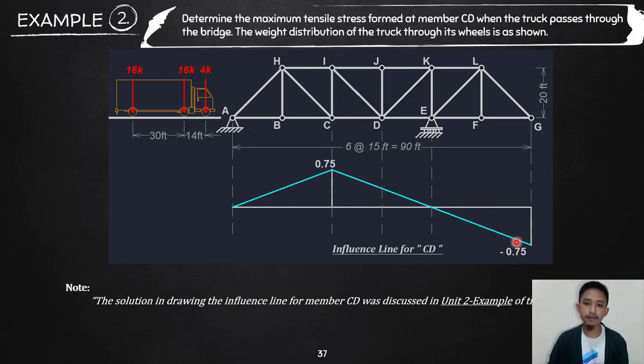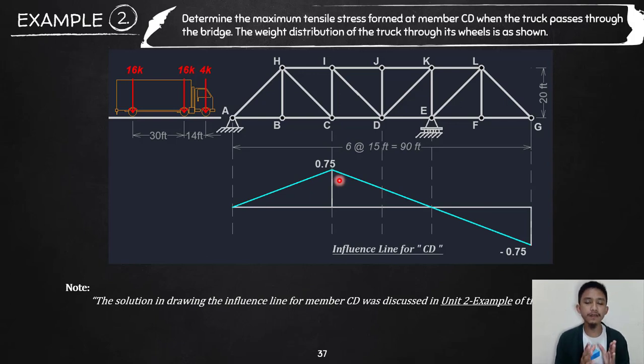Since we are given this, we can now say that when the loading is within your joints A to E, the effect of that load to your CD will be positive. Again, as I discussed on the trusses, my assumption for the sake of the discussion is always initially tension.